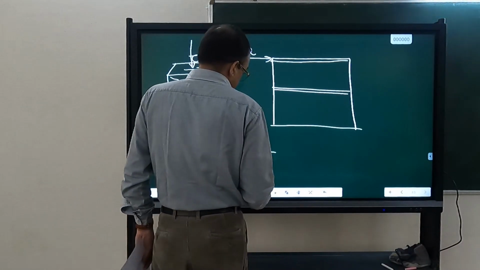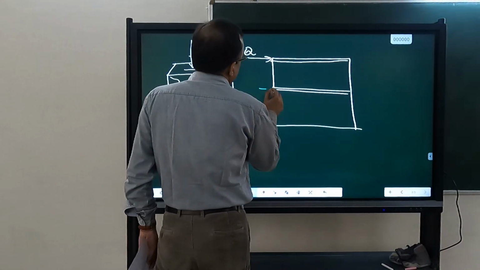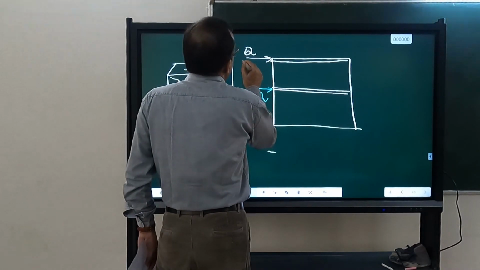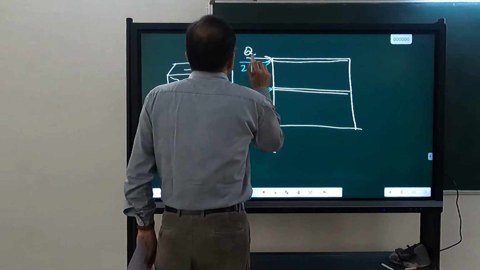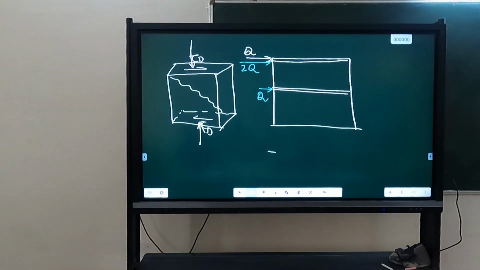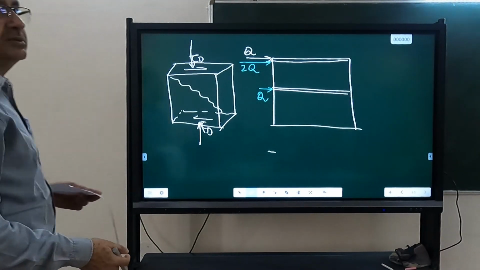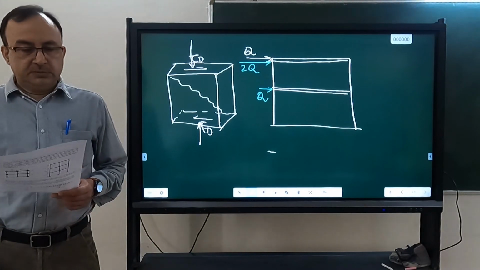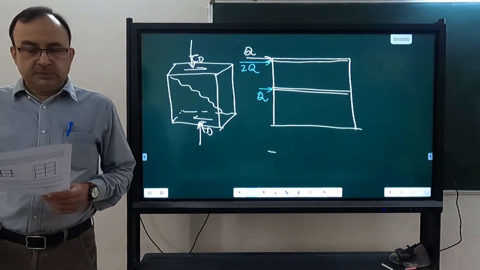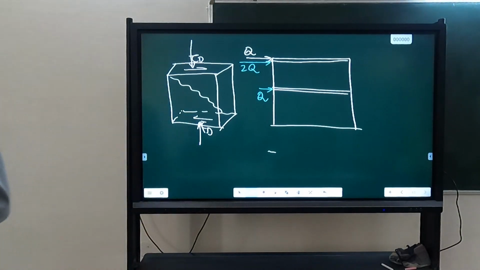In the other case, it will be Q here and 2Q. Linearly varying means that actually it will be varying along the height of the wall also. But we assume the earthquake force to be lumped at the floor only, so that our calculation is easy. Otherwise our calculation will be a bit complex. Okay?